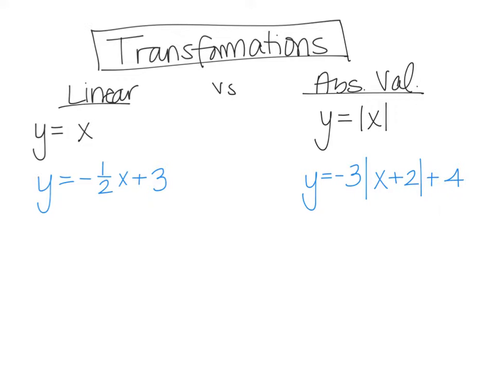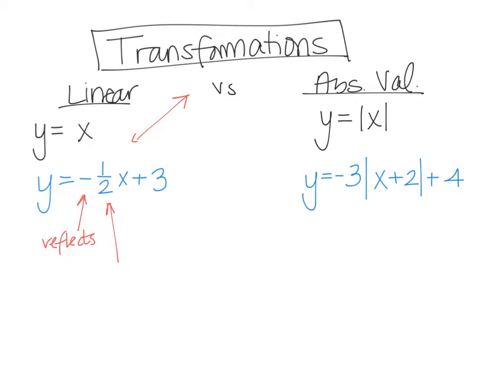All right, so remember when we talk about linear, it's like a straight line, right? And we've got this parent function, y equals x, which has a regular slope of 1 and a y-intercept of 0. Remember, we did 1x plus 0. So when we talk about transformations, we talk about what is different. And we've said the negative reflects, or in your case, you tend to think of it as having a negative slope.